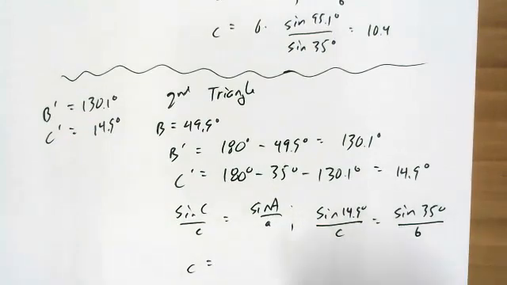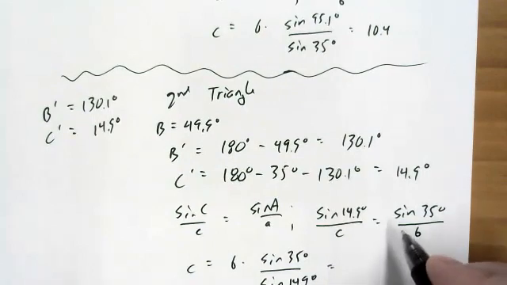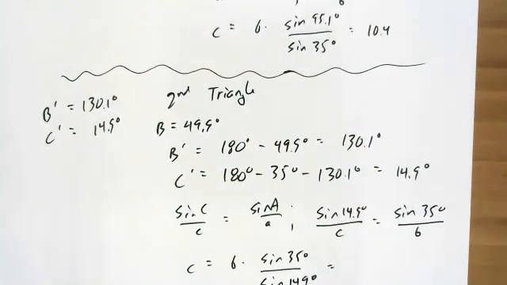So C equals 6 times the sine of 35 degrees over the sine of 14.9 degrees. So 35 degrees, the sine divided by 14.9, the sine equals times 6, 13.38.